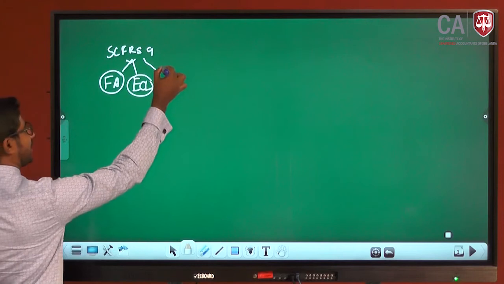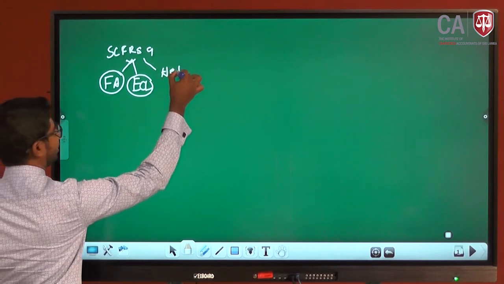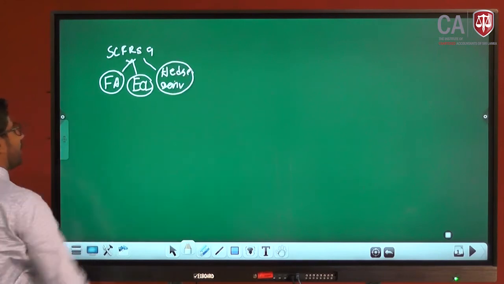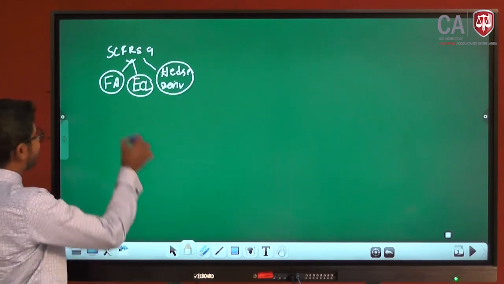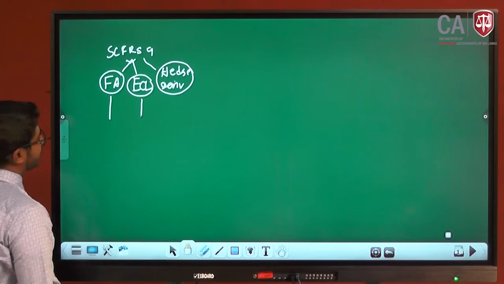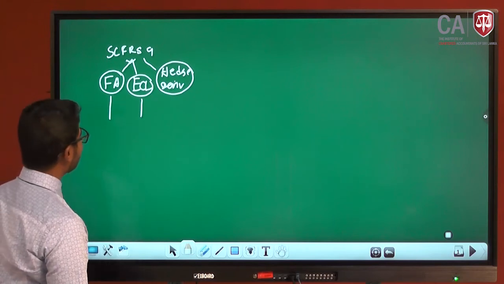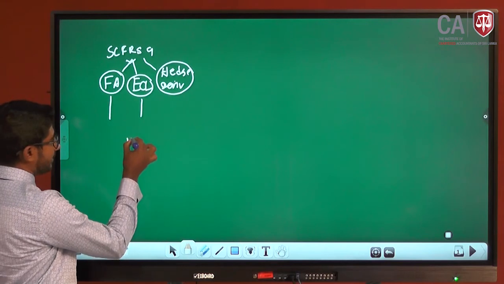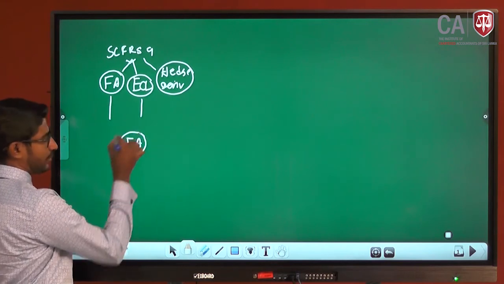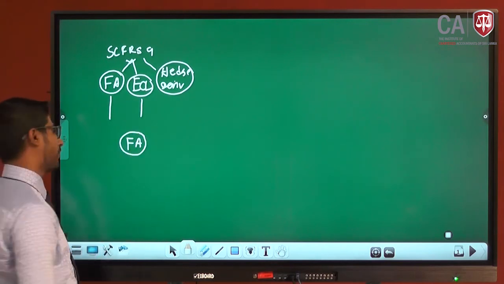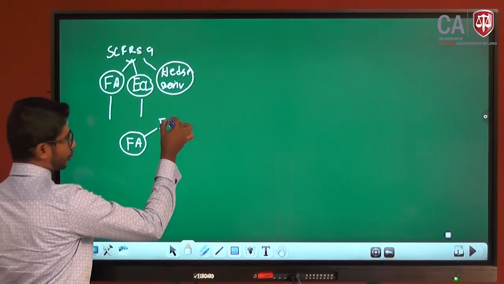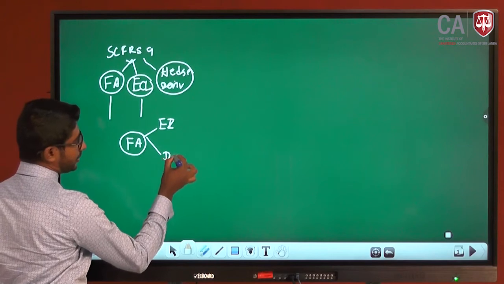And the next part is hedge accounting and derivative financial instruments. This particular question basically touches the first two parts. When it comes to SLFRS 9 financial assets, I am not going to define everything, just to refresh your mind. Financial assets include equity instruments and debt instruments.